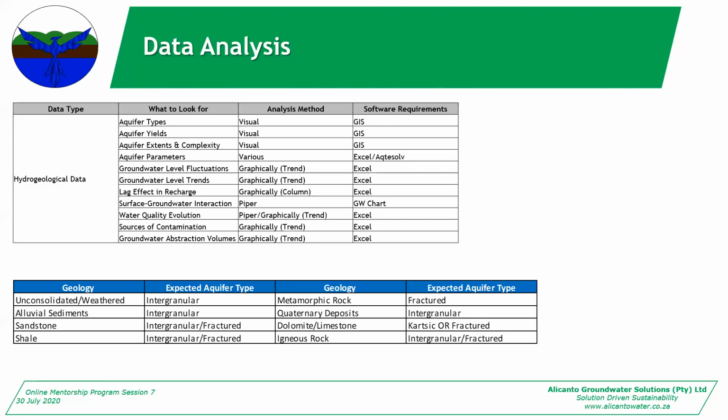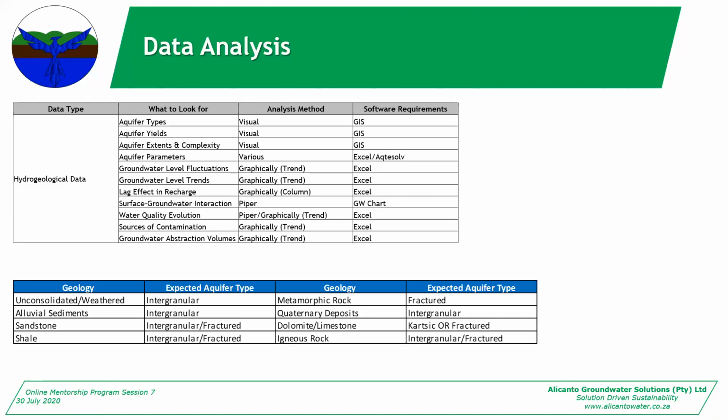And as a rule of thumb with your geology, if you've got unconsolidated or weathered geology, you can expect an intergranular aquifer, same as with alluvial sediments. In South Africa, your sandstone, shale, and igneous rock generally gives you an intergranular or fractured aquifer, sorry. Your igneous rock usually leaning more towards a fractured aquifer.